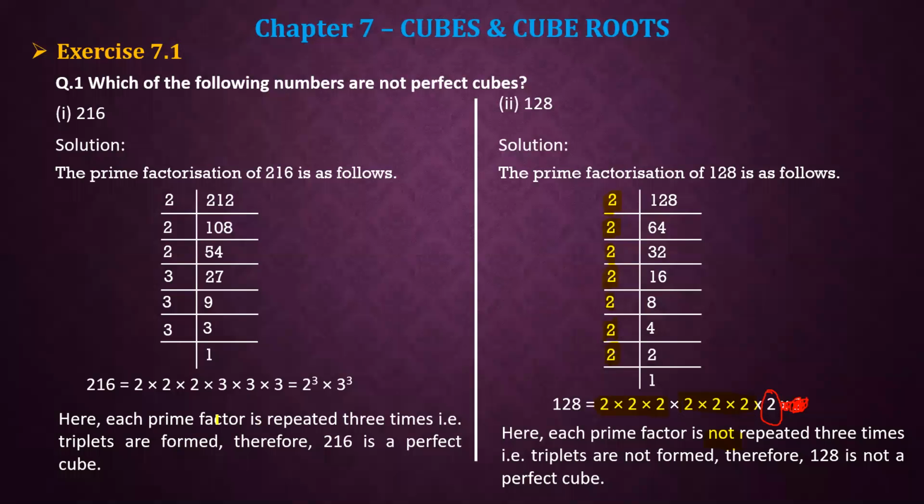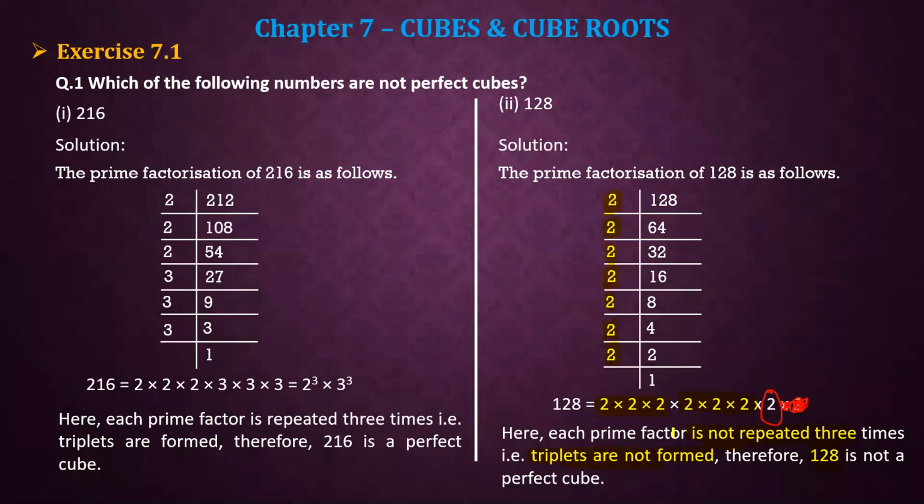In the first case it was repeated, but here it is not repeated 3 times. That is, triplets are not formed. Therefore, 128 is not a perfect cube, or it is not considered a cube number.